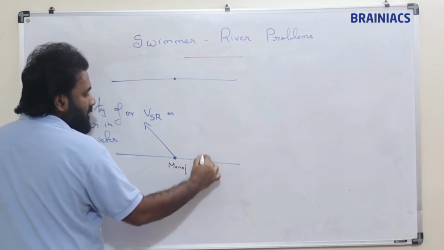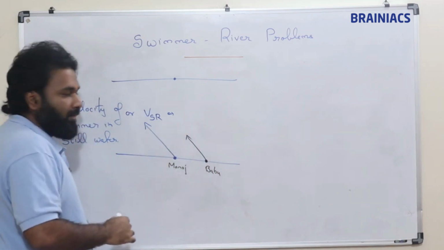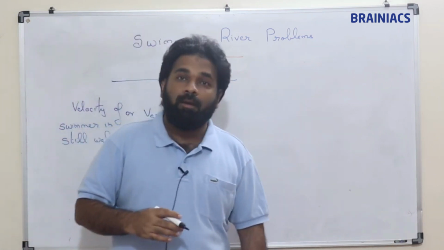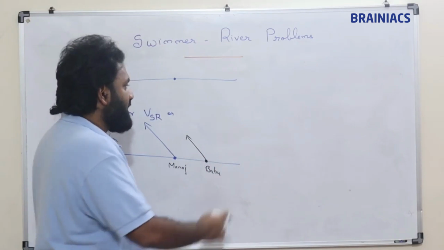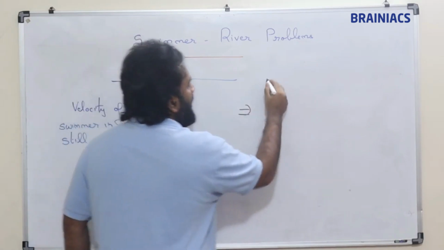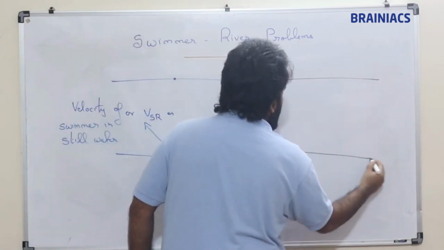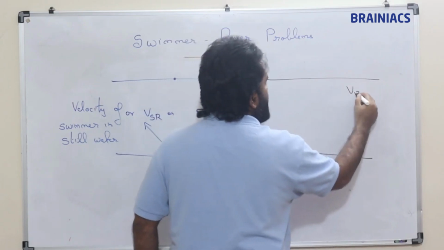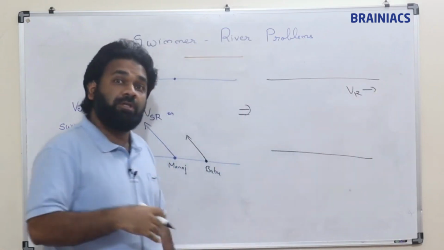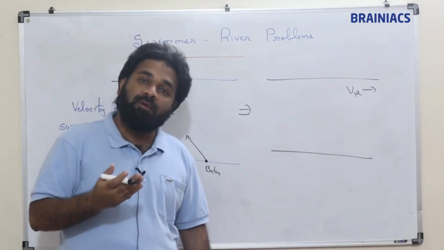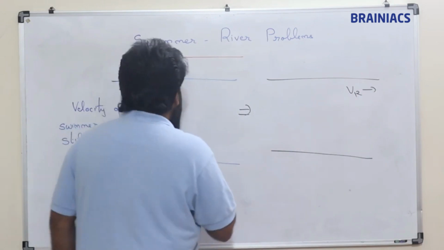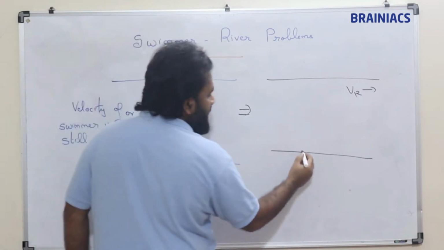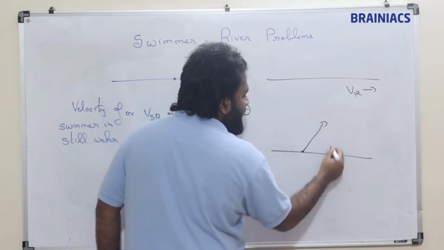If he is also jumping in this direction, then because of the river velocity, if this river velocity is too much, then these two guys may actually go in this direction.